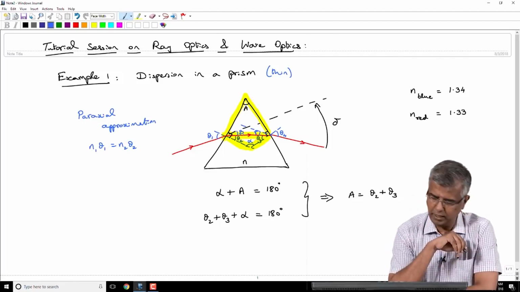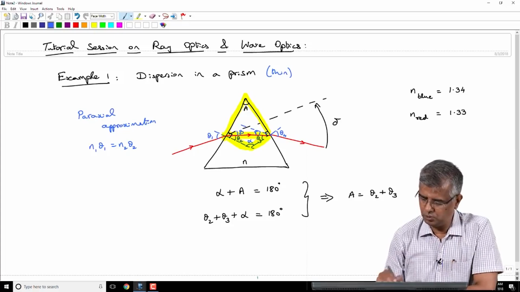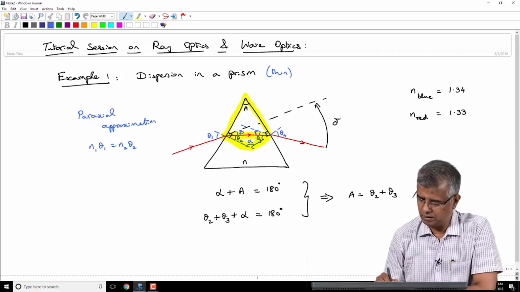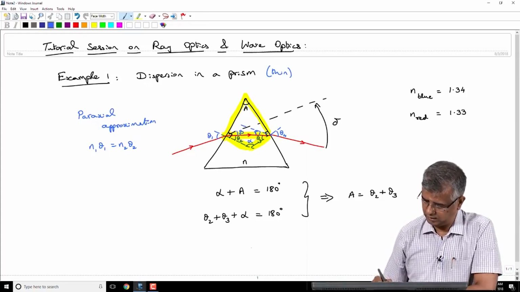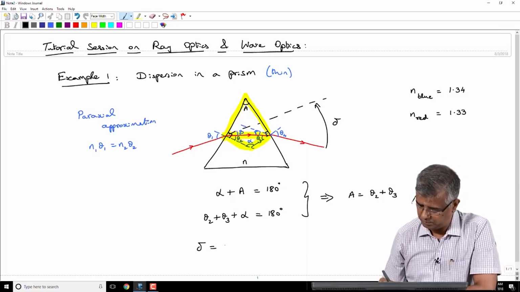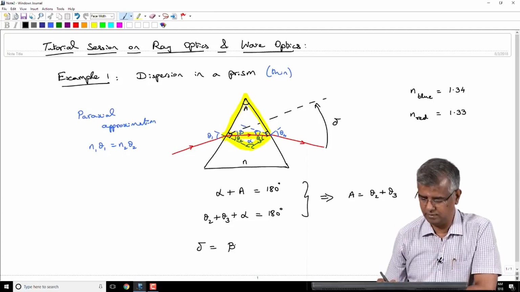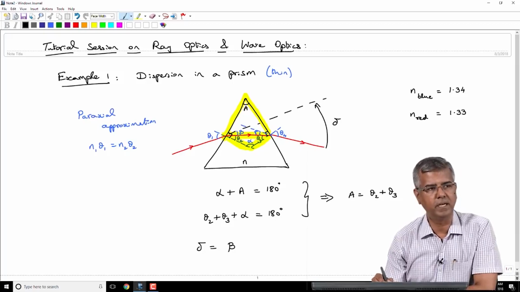If we represent these two angles as beta and gamma, then you get this expression for delta. This overall angle delta is equal to beta, and then what is the additional part to that?